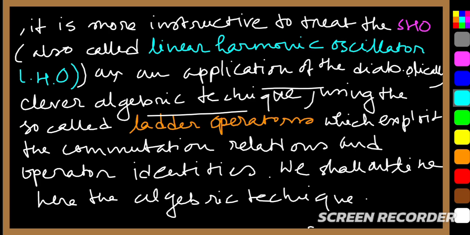ওকে, নেক্সট। তো ইউজিং দ্য সো কল্ড ল্যাডার অপারেটার্স, ল্যাডার অপারেটর বলে একটা অপারেটর আছে, সেটা আমি এরপরে নেক্সট দিন বোঝাবো। দ্যাট ইজ মাস্ট বি রেইজিং অপারেটর অ্যান্ড অলসো লোয়ারিং অপারেটর। তো ওরকম অপারেটর হয় L cap minus, L cap plus, দ্যাট ইজ অলসো তোমার x component, y component, z component বলে আলাদা কম্পোনেন্ট থাকে। তারপরে তোমার L plus cap equal to Lx plus Ly cap, L minus cap equal to Lx cap minus Ly cap, এরকম অনেক রিলেশন আছে, ঠিক আছে? যেমন স্পিনের আলাদা আলাদা অপারেটর থাকে, তেমনও তোমার ল্যাডার অপারেটর বলে অপারেটর থাকে। তো সেটা যখন আমি পড়াবো তখন বুঝতে পারবে। তো সেটা তুমি ইউজ করতে পারো, which exploit the commutation relation and operator identities.